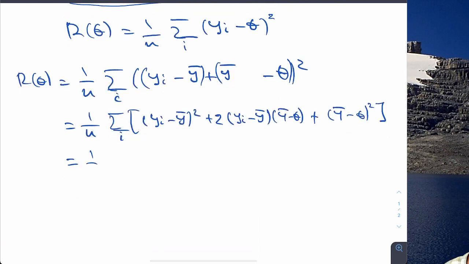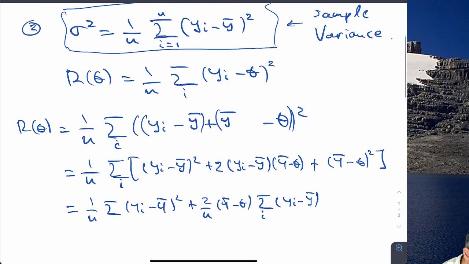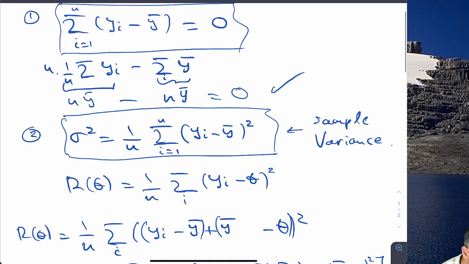Okay? And so now we can distribute these sums, and what happens? We have the first term is 1 over n times the sum of y sub i minus y bar squared. And the second one, we have plus 2 over n, y bar minus theta comes out of the sum because it doesn't depend on the summation index, and we have the sum over i of y sub i minus y bar. But remember, result number 1 up here, this was exactly the quantity that we said was equal to 0.